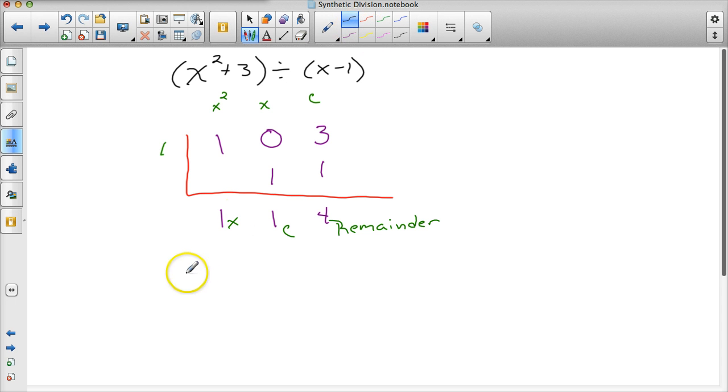Neither is x plus 1. So what do I have? I have that x squared plus 3 is equal to x minus 1 times x plus 1 plus a remainder of 4. I can check to see if I have the right answer.